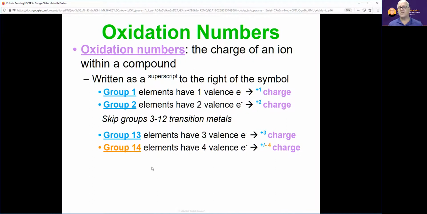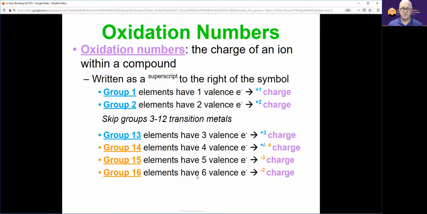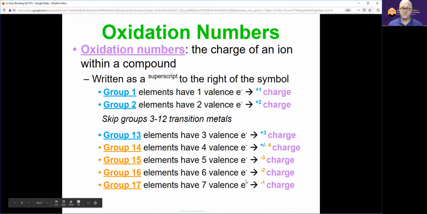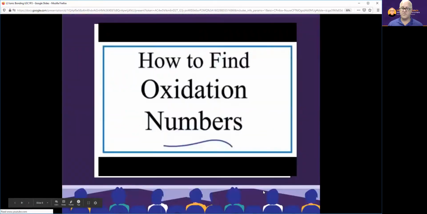Group 14 is a special group because it has 4 valence electrons, and it can either be positive or negative depending upon the formula that it's going into. Group 15 has 5 valence electrons with a negative 3 charge. 16, 6 valence electrons with a negative 2 charge. Group 17 has 7 valence electrons with a negative 1 charge.